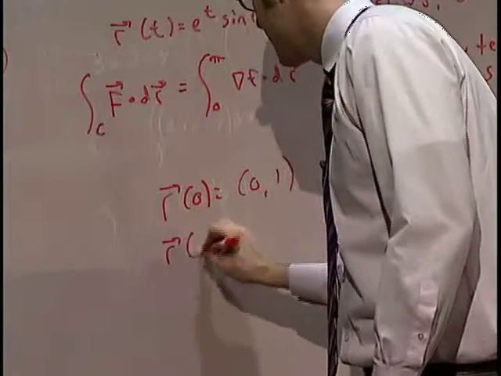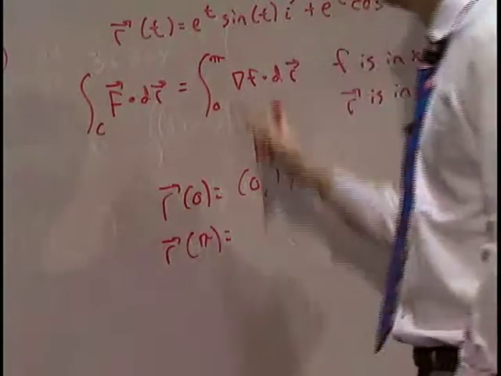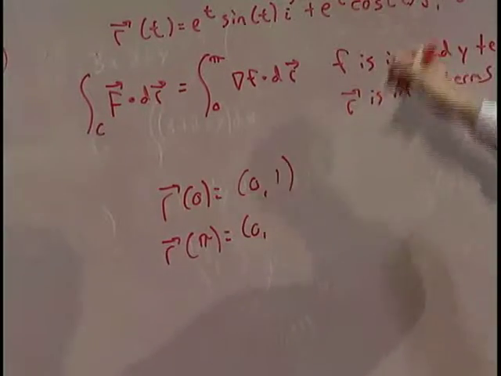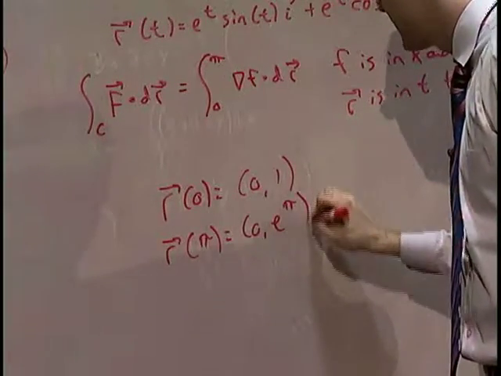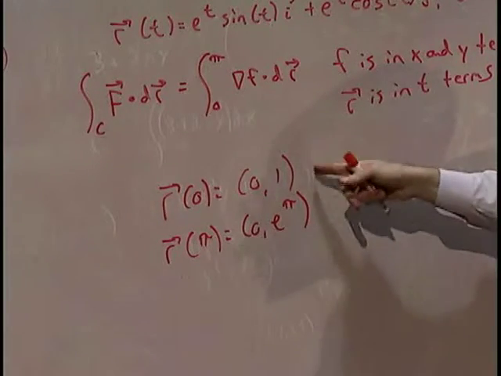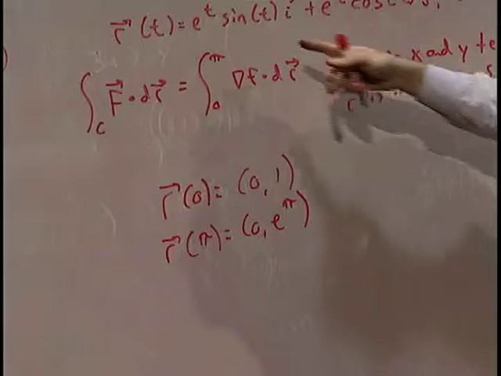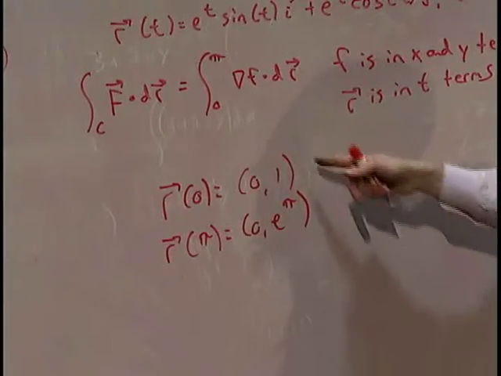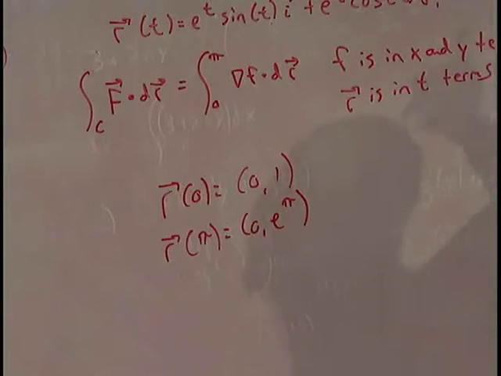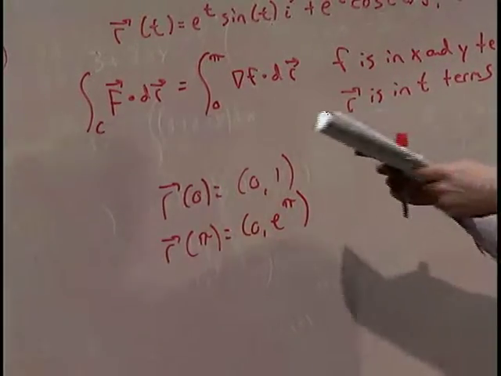And when I plug in pi, e to the pi times sine pi is still 0. E to the pi times cosine pi is e to the pi. So here are the xy points, which are the limits of integration for the integral up here. Okay? So these are the xy points we get from r of t when we plug in these limiting t values.